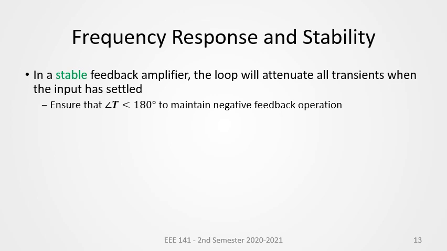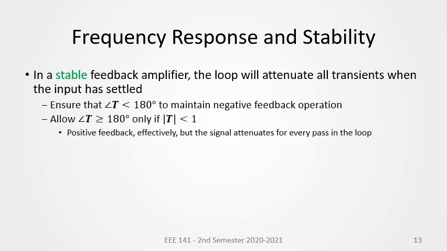Meaning the feedback signal must not be negated or flipped before subtracting from the input signal in generating the error signal. Otherwise, if the feedback signal is negated before subtracting, then we are performing positive feedback instead of negative feedback. In a stable system, the angle of the loop gain is only allowed to be more than 180 degrees if the loop gain magnitude is already less than 1.